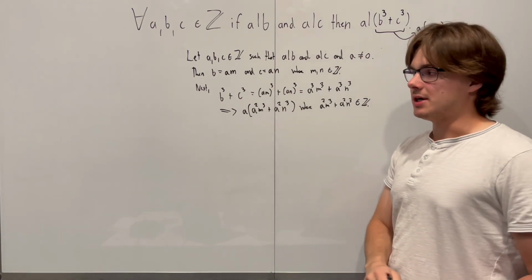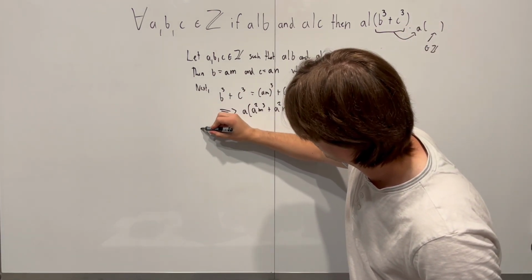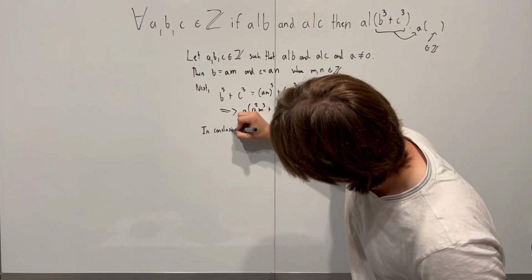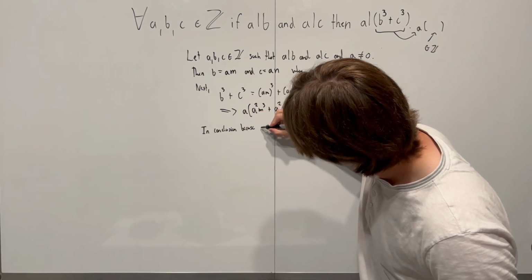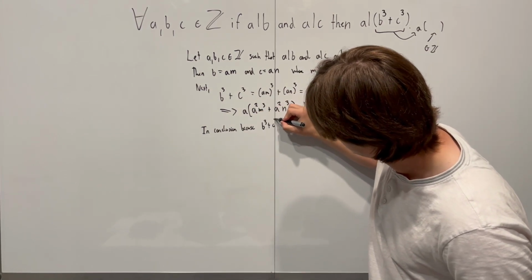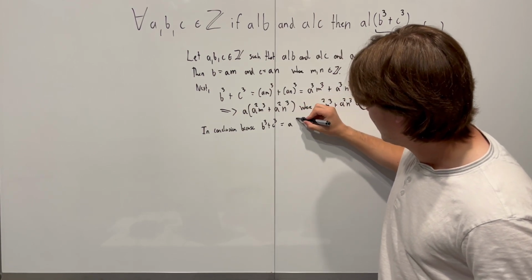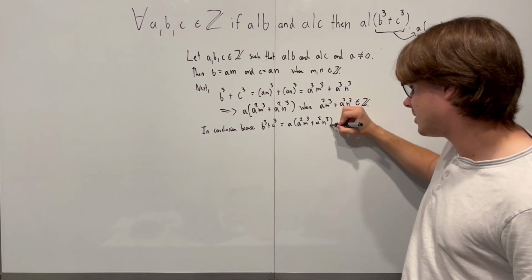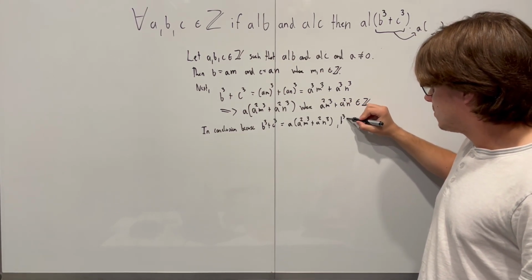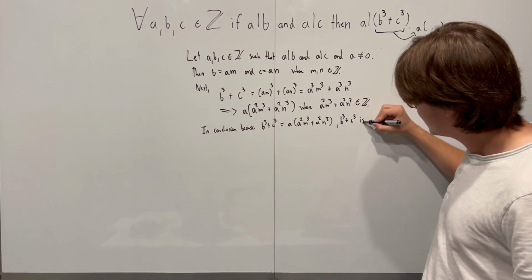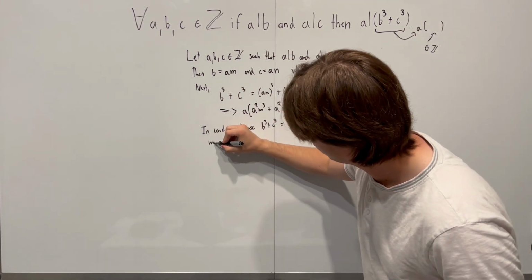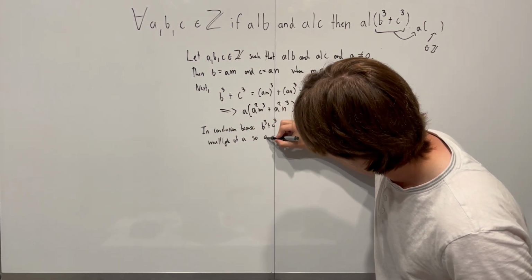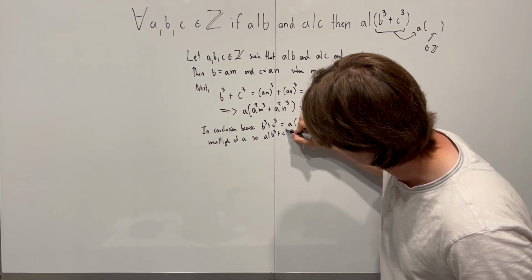Fantastic. All that's left is to write our conclusion. So we can say, in conclusion, because b³ plus c³ is equal to a multiplied by (a²m³ plus a²n³), b³ plus c³ is a multiple of a, so a does divide b³ plus c³.